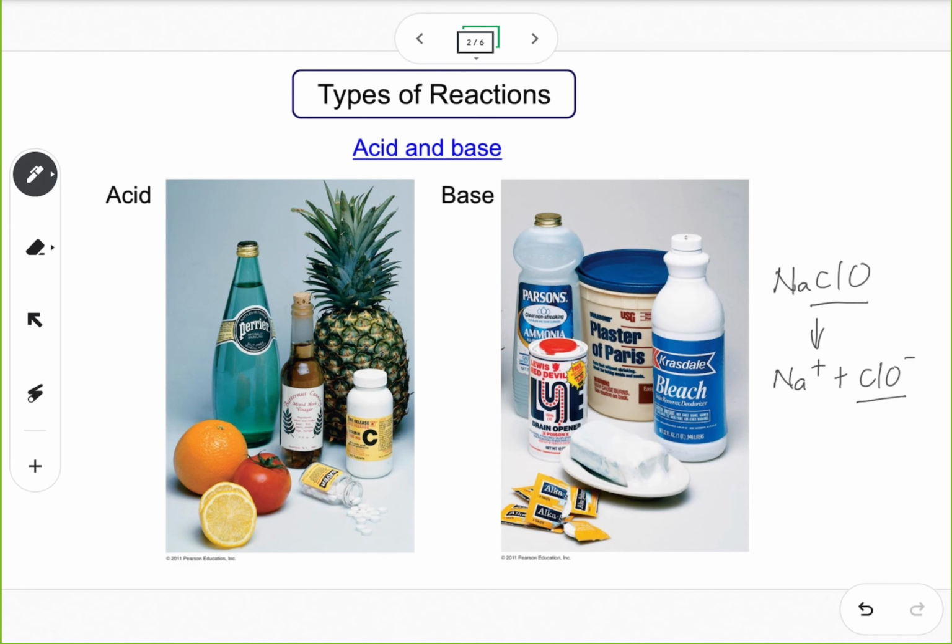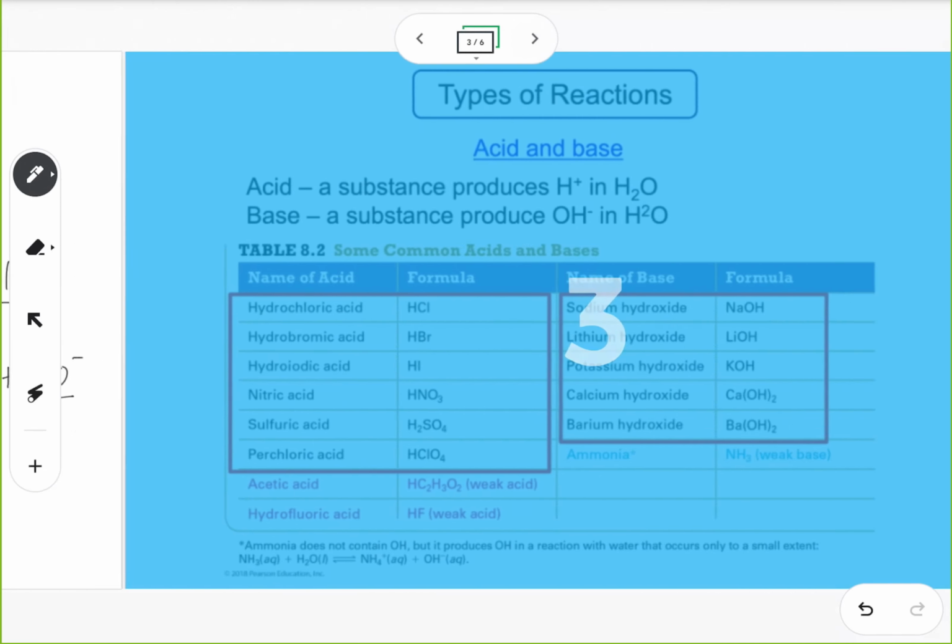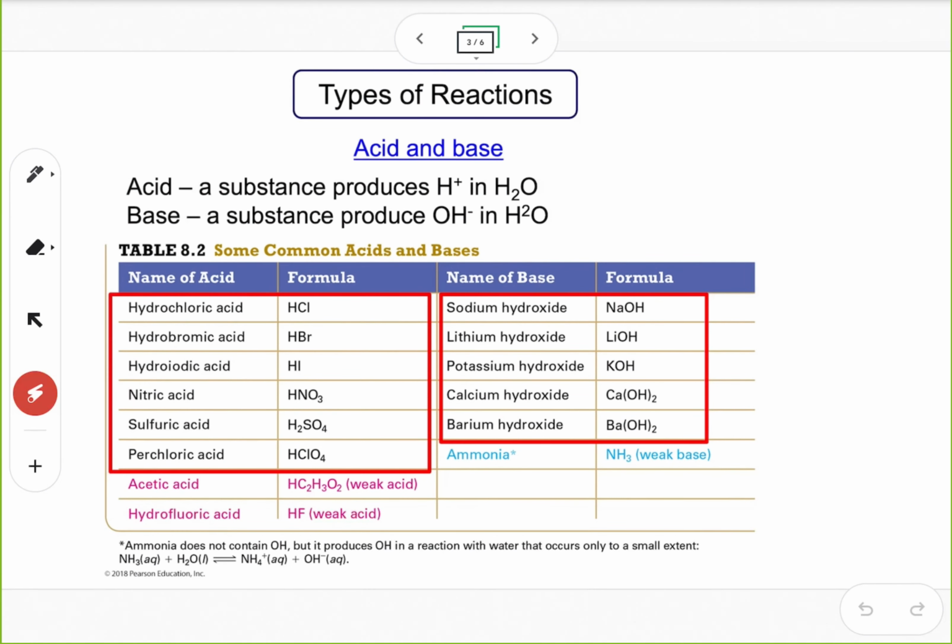So we do need to have a good understanding of their chemical behaviors, so we can understand the properties better. Let's define acid and base. Acid is a substance that can produce protons when you dissolve it in water, like hydrochloric acid.